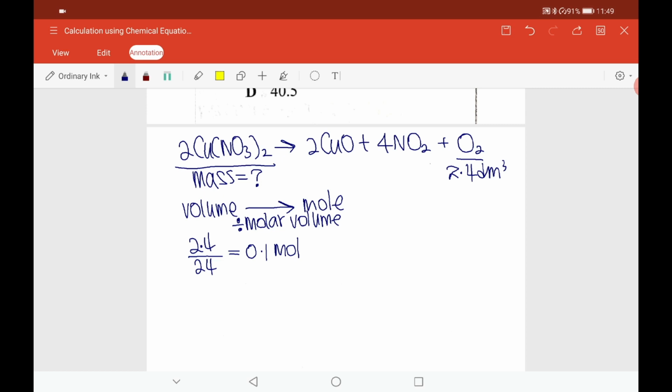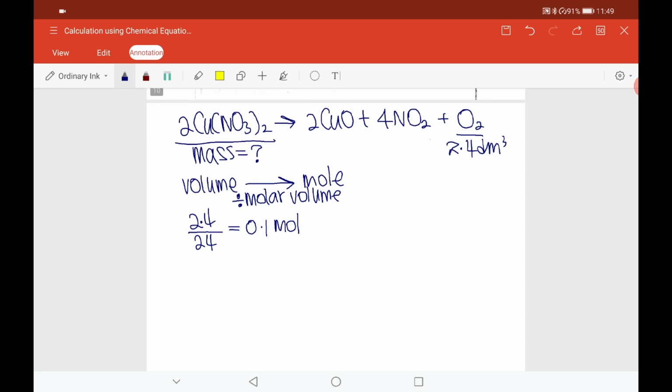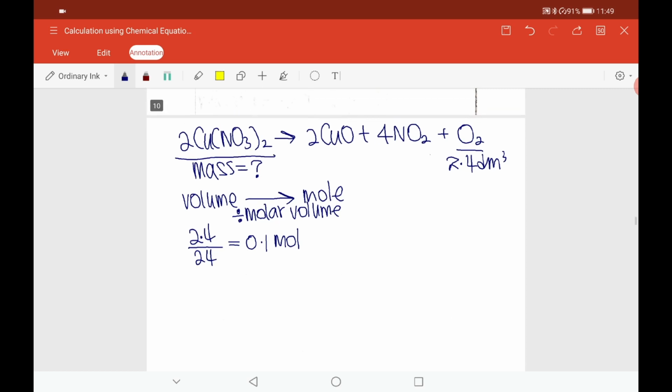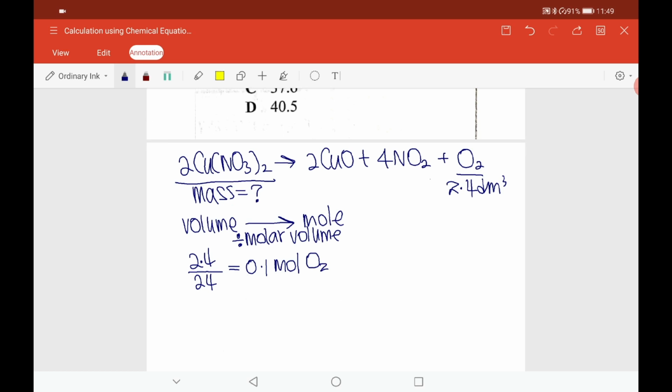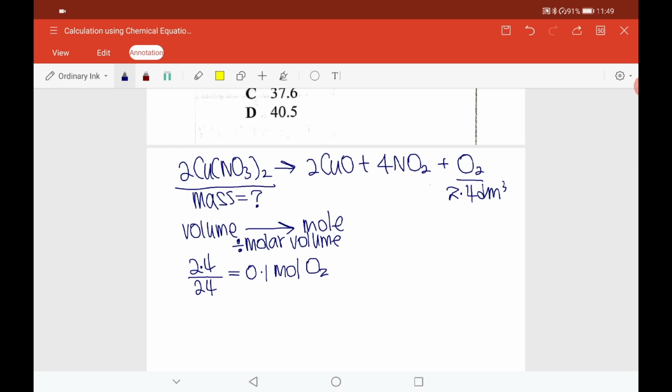After we got the mole, what is the next thing? The mole that we have belongs to what? Oxygen, right? Because we get 0.1 mole, and this mole is oxygen, O2. But we are not interested in oxygen. For this question, our main concern is to find copper nitrate.